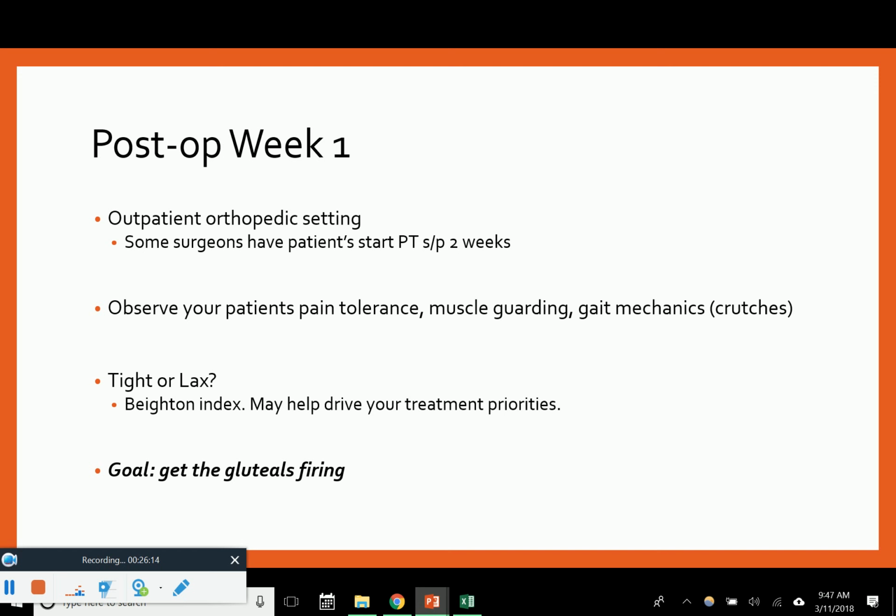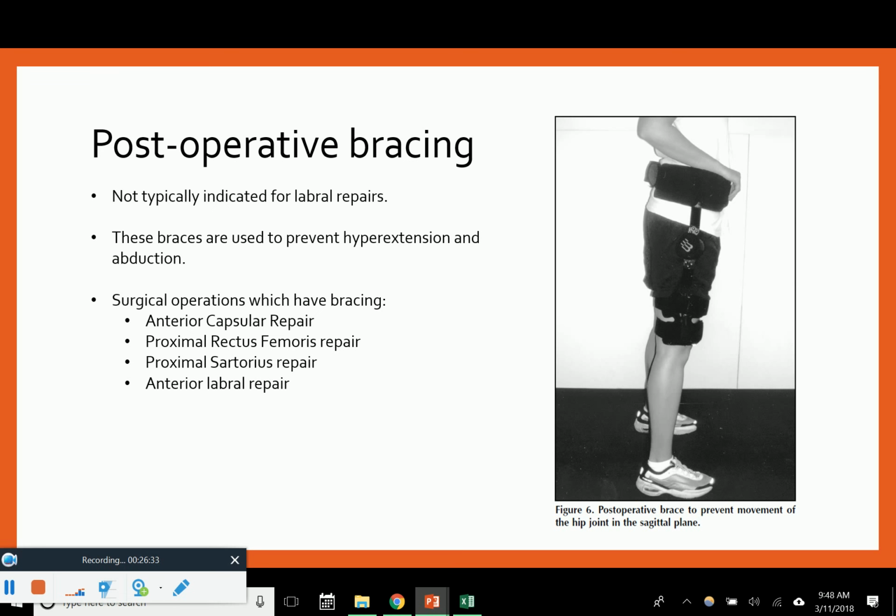If you have someone that's very hyperlax naturally, aka double jointed or whatever you want to call them, then you're going to work more stability exercises. You might have someone who's tighter in a resting state, and you're going to work on more mobility drills. The main goal, though, is to get the glutes firing. They might be in a post-operative brace.